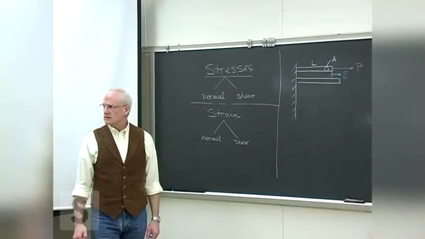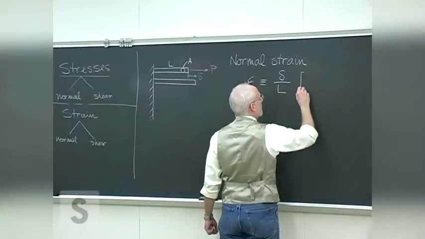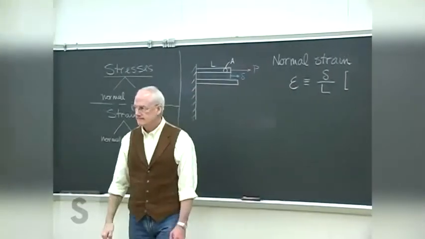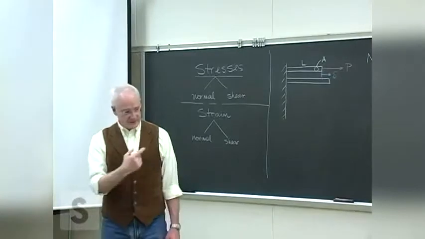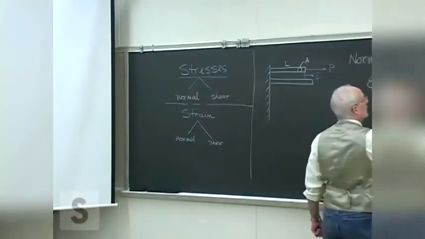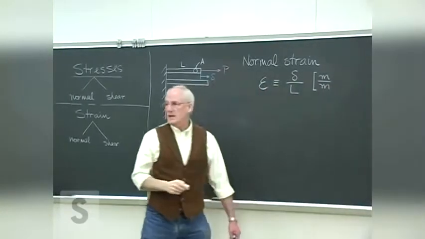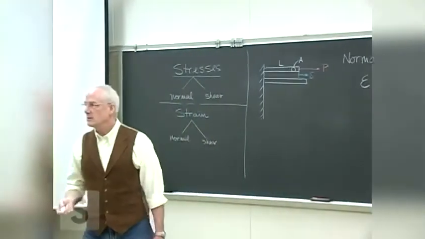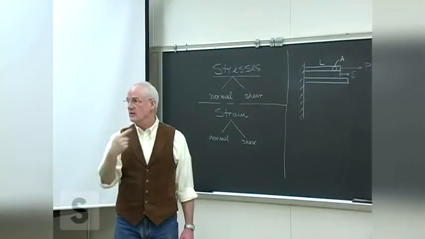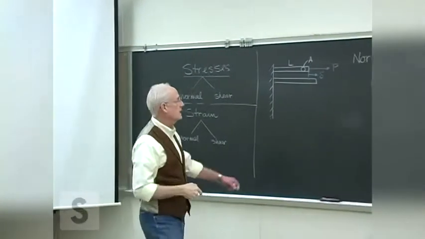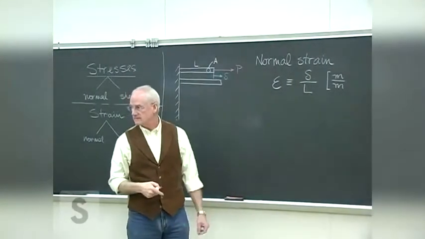What are the units? The units come in about 12 different flavors, whatever you want, because it could be meters per meter, millimeters per millimeter, or you can look at the units as if they simply cancel and there are no units at all. The strain could be just simply a pure number with no units.